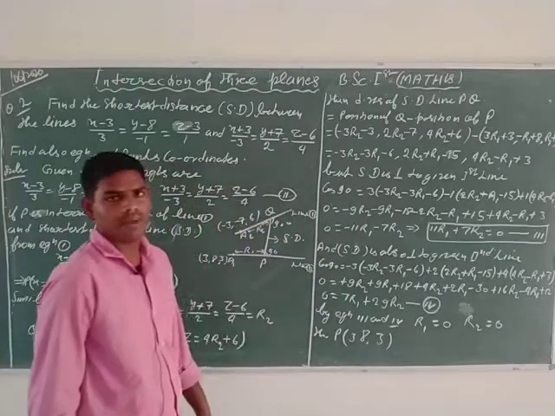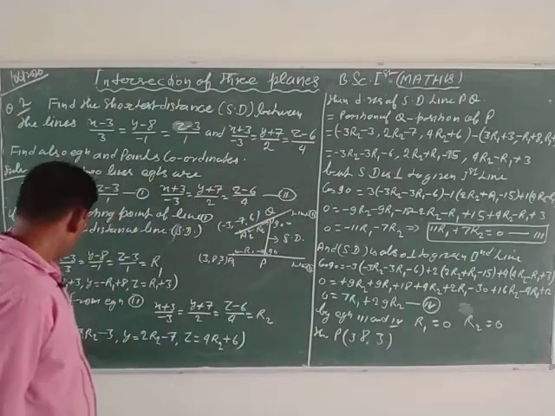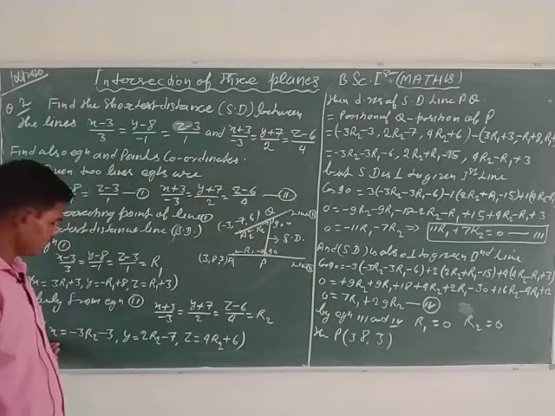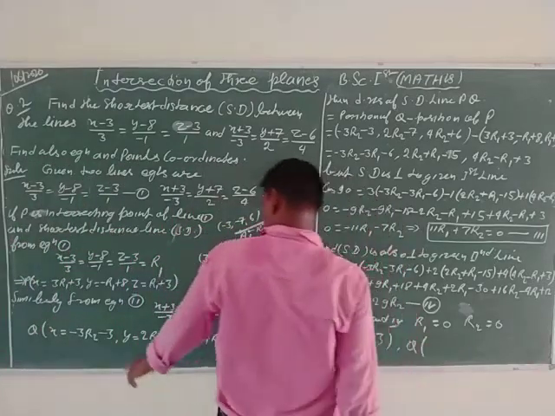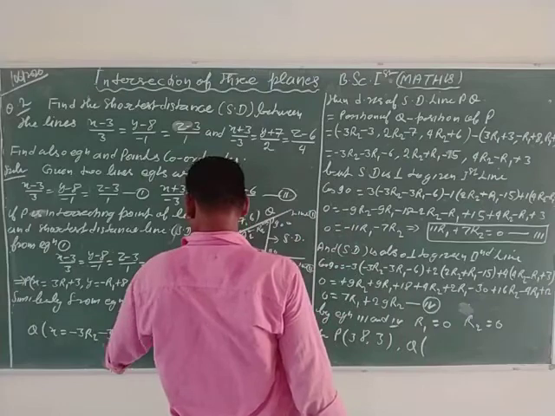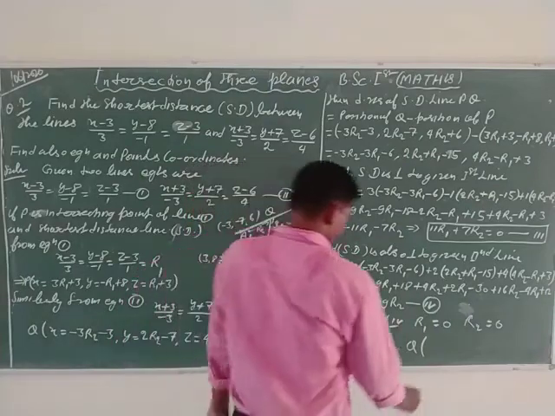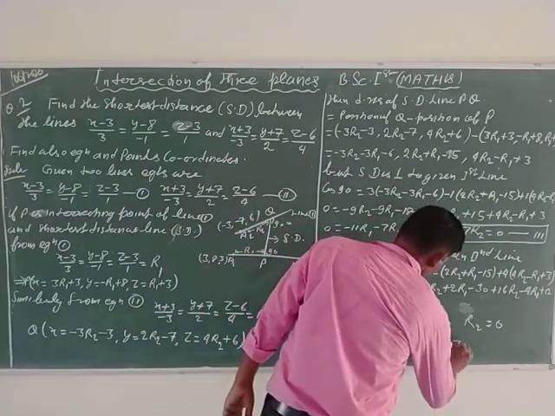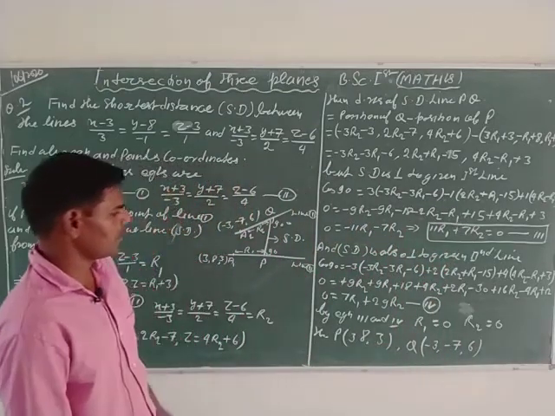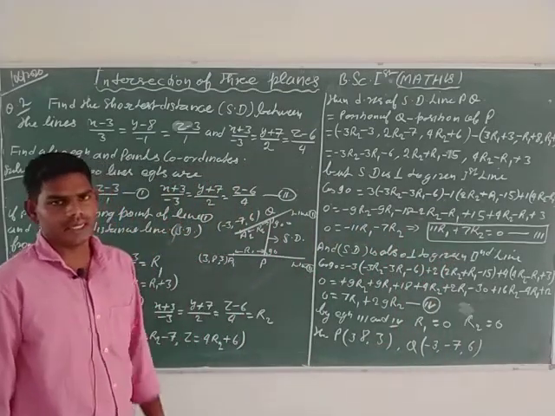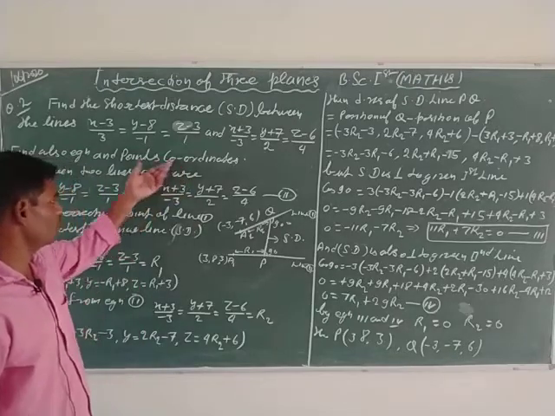Similarly, putting the value of R2 in the Q coordinates, the coordinates of Q are minus 3, minus 7 and 6. These are the coordinates of the intersecting points P and Q asked in the question.